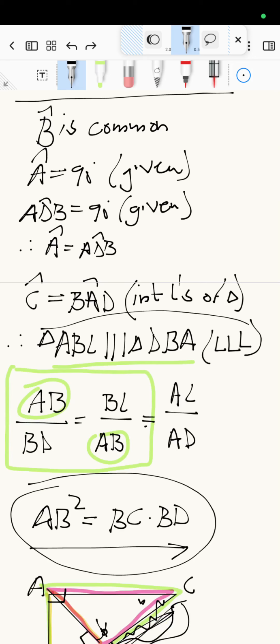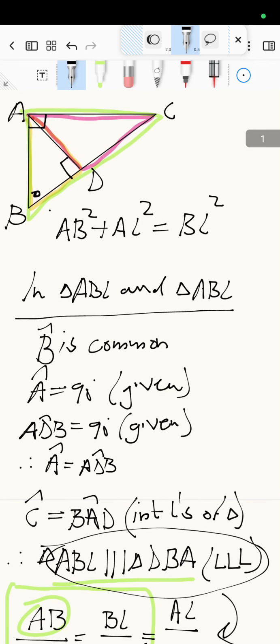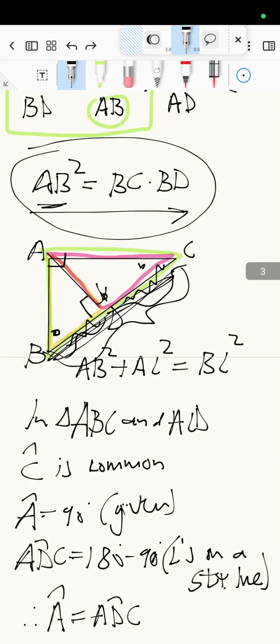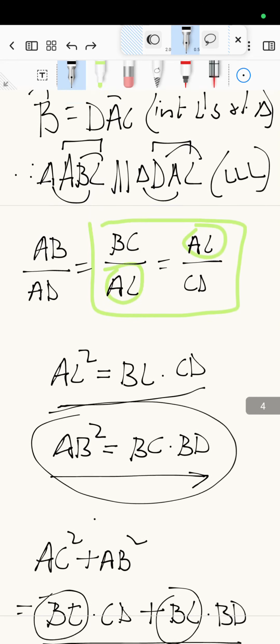Once you have your similarity, it generates your proportions. You see the two that have duplicates, and you use the duplicate in your ratios to find AB squared, and then again AC squared.